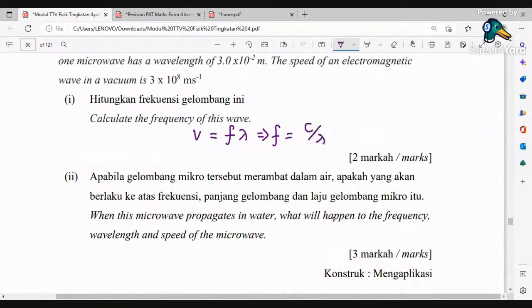So F equals to 3 times 10 power 8 divided by 3 times 10 power negative 2. You have 1 times 10 power 10 hertz. Okay, so unit kena betul lah. Hertz unit.